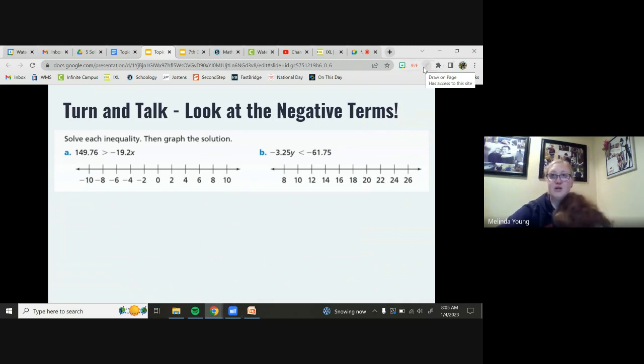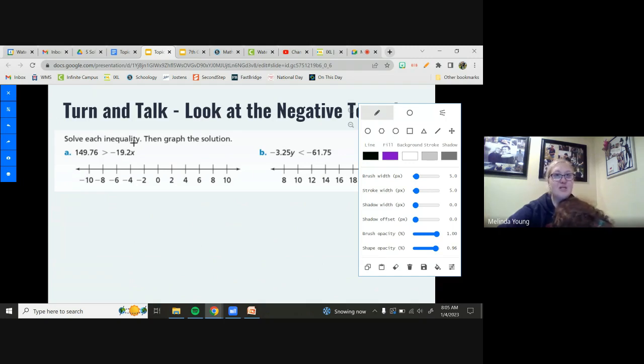I'm going to look at A here, and I'm going to rewrite it, because my x is on the right side of the inequality, and that can sometimes confuse people. I'm going to switch it, but make sure the inequality sign keeps pointing the same way at the 149.76.